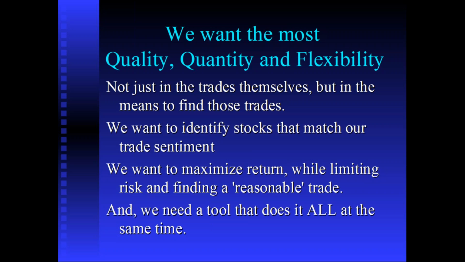If I'm looking for a new position, let's say a diagonal spread, which I trade with about 10 to 15% of my allocated capital for options investing, I'm going to want to identify stocks that match my trade sentiment. So for a diagonal spread, I'm going to want to look for a stock that has shown recent growth, maybe trading above its 20-day moving average in the short term, maybe has a strong MACD profile, but also has shown strength over the longer term.